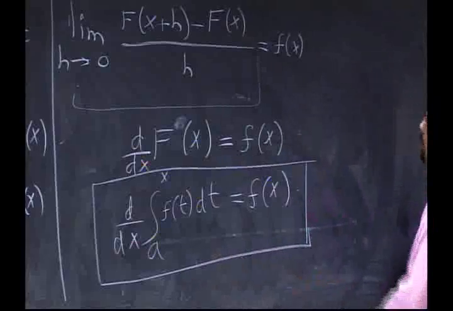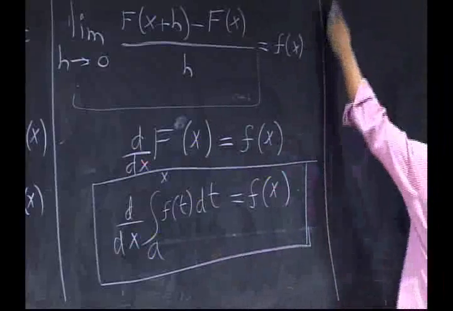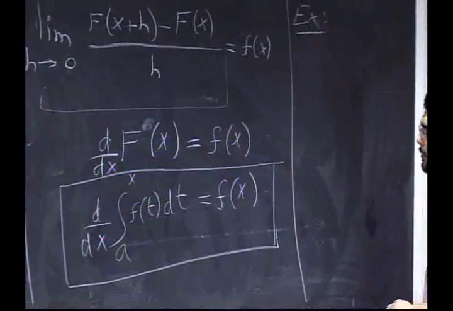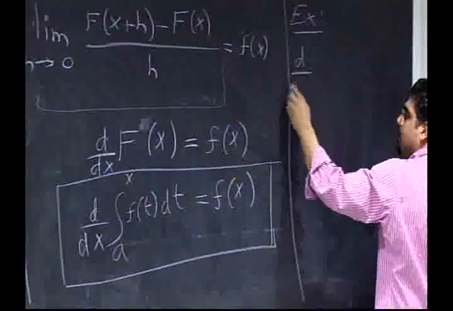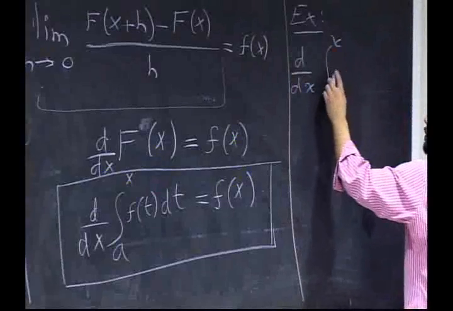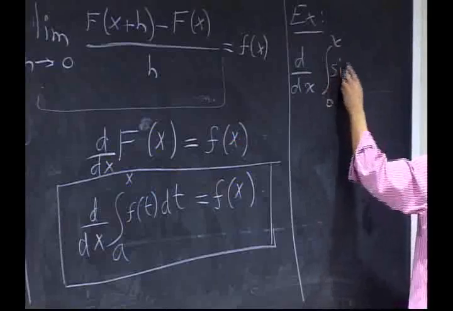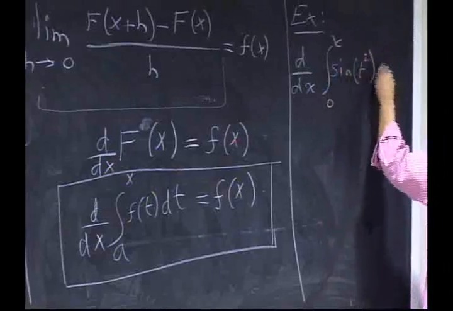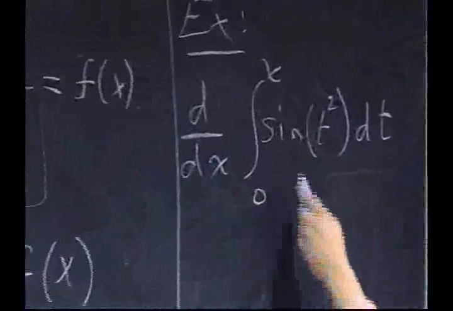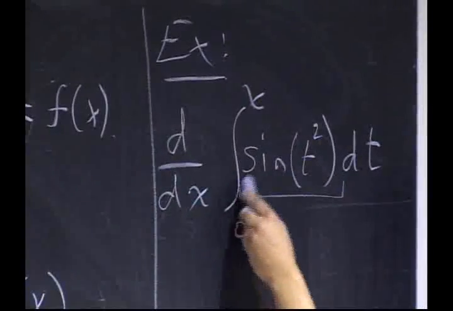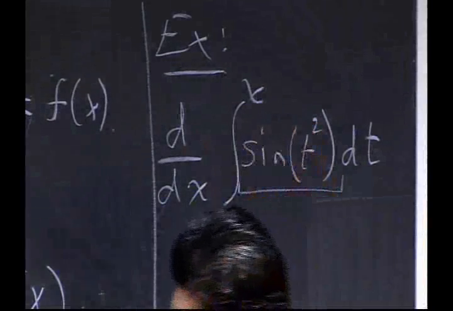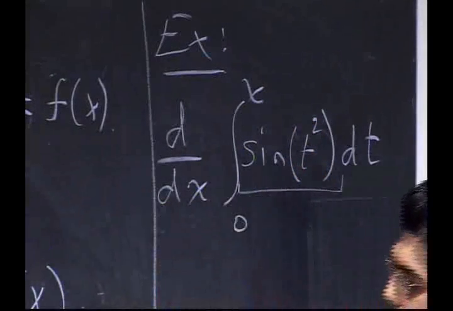Okay, so I'll do an example that utilizes this. For example, the derivative of the integral from 0 to x of sine of t squared dt is basically this function evaluated at x, just like here we have this function evaluated at x.